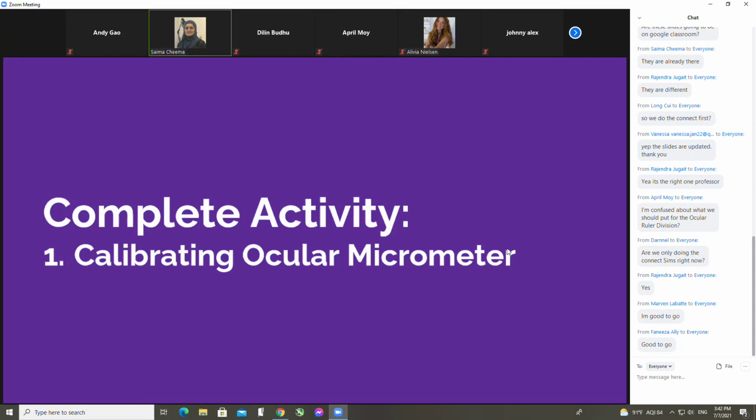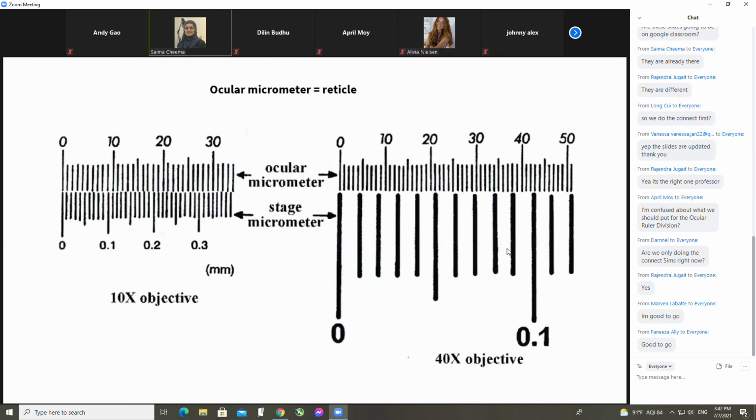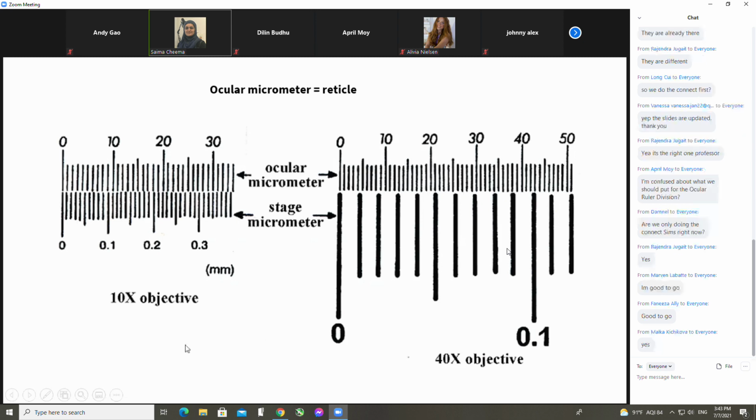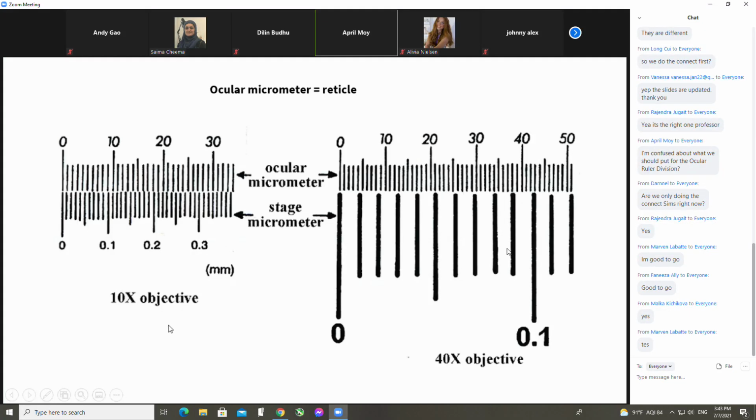If you've used a microscope in the lab already, what you generally see is a ruler in one of the ocular pieces that reads from 0 to 100. Do you guys remember seeing that at all? I remember seeing it. Yeah, absolutely.